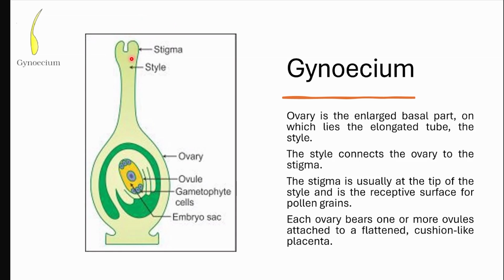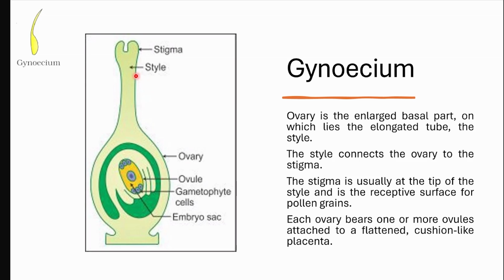Then it will slowly sink into the style. It will form a tube, and from that tube, it will transfer across this ovary. It will come to this end, and it will directly get inserted from here. That is how the fertilization will occur. If we study that chapter soon, we will understand this also.